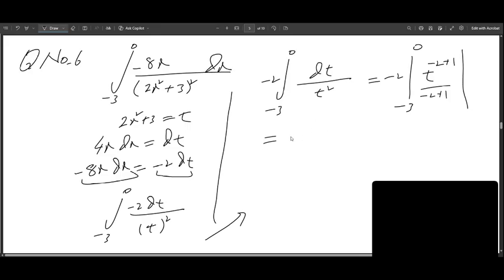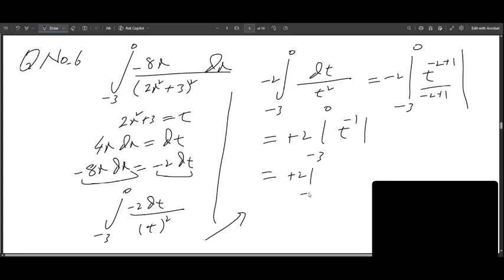So it is negative 2, and we have negative 2 plus 1, which is negative, so it will turn into positive. And this is, from negative 3 to 0, t raised to the power negative 1, which can be written as plus 2. You don't need to write plus 2. If it is nothing, it means plus.